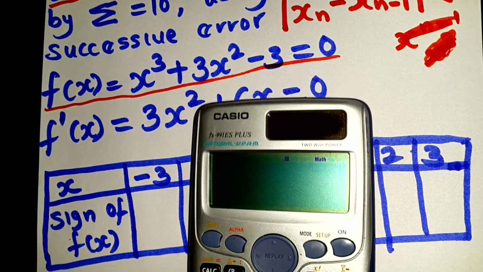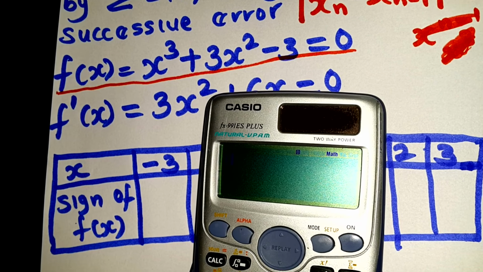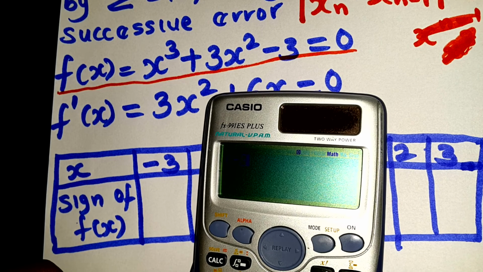It will be minus 3 cubed plus 3 times minus 3 squared minus 3.